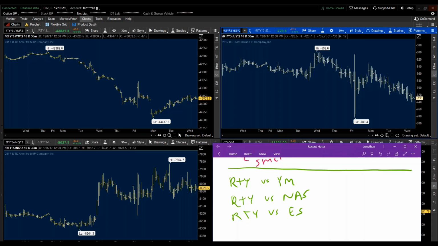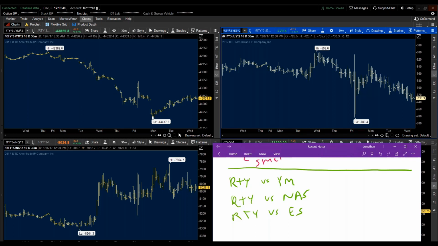Now on the first chart, as we look at it, you see we're just looking at all these on a 30-minute. Notice how it's downtrending. Okay? So in order to make money on this trade, you would have been short 3 Russell and long 2 Dow.